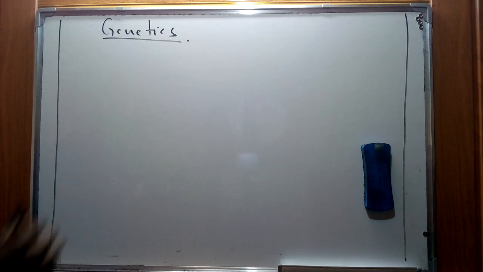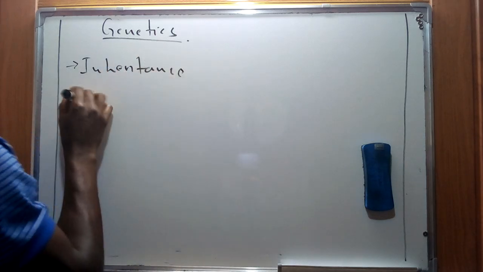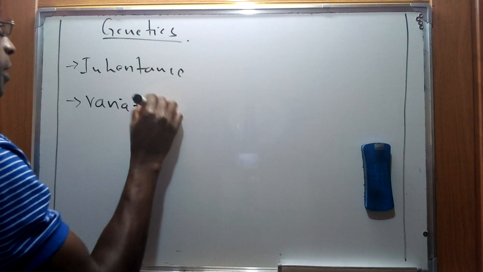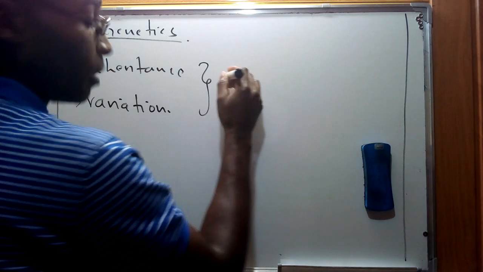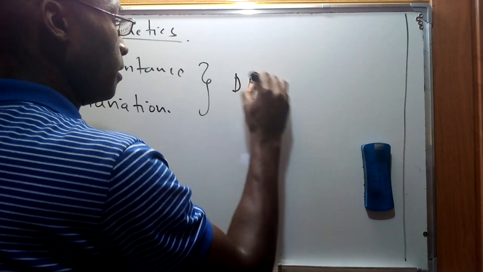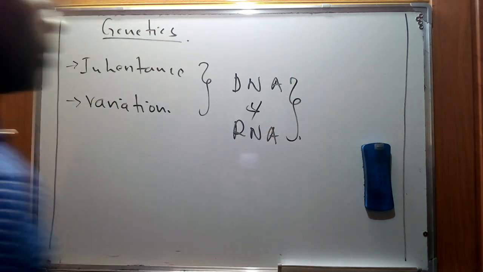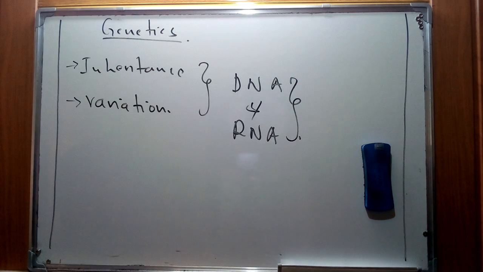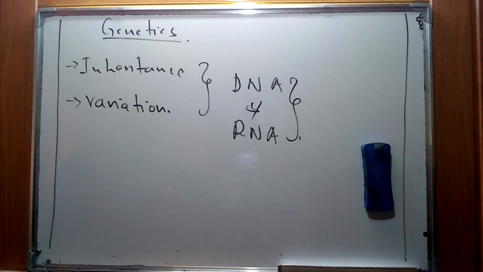And we're going to see that the concept of inheritance and variation is based upon what we call hereditary characteristics, which are going to be discussed under the concept of these two nucleic acids that we refer to as the DNA and RNA, which I want us to stress and try to see how they can be represented, or what some of the differences are between these two basic nucleic acids.